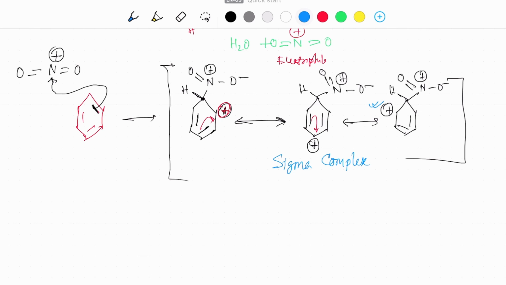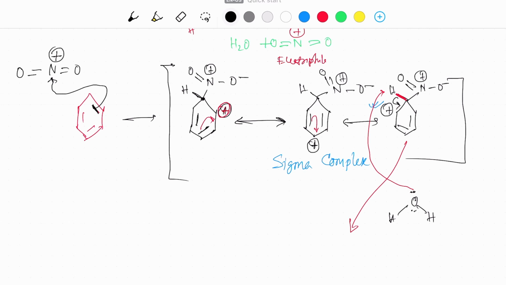Now from here, you can see that we already have this resonance structure, and we have water in our reaction system. So we have an oxygen atom connected to hydrogen atoms, which is water, and we have lone pairs of electrons. This will go here like this and try to pull this hydrogen away, and this bond between this carbon and hydrogen will break, and the electrons will be used to reform the double bond where we had the positive charge.